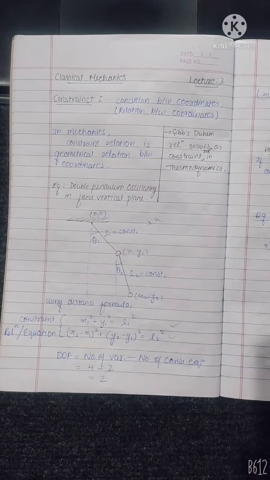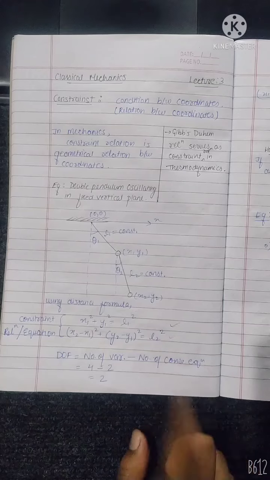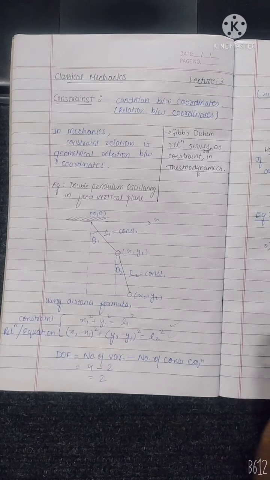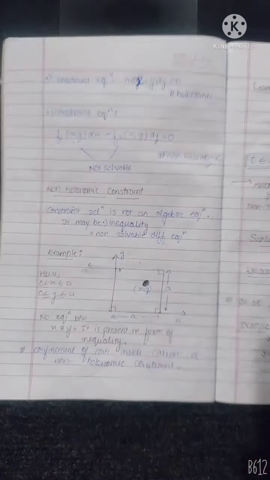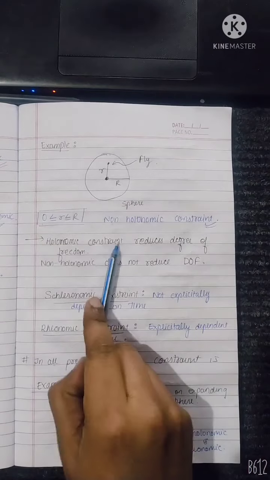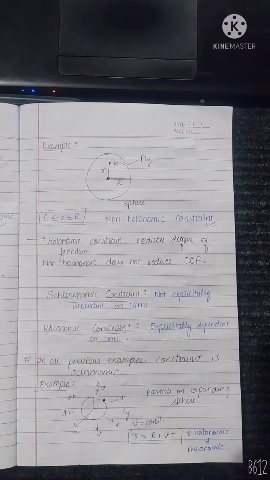The word equation is used only in the case of holonomic constraints, because non-holonomic ones are not considered, not used in this formula. This formula is made for holonomic equations. That's why the statement is mentioned here: the holonomic constraint reduces degrees of freedom, while the non-holonomic constraint does not.